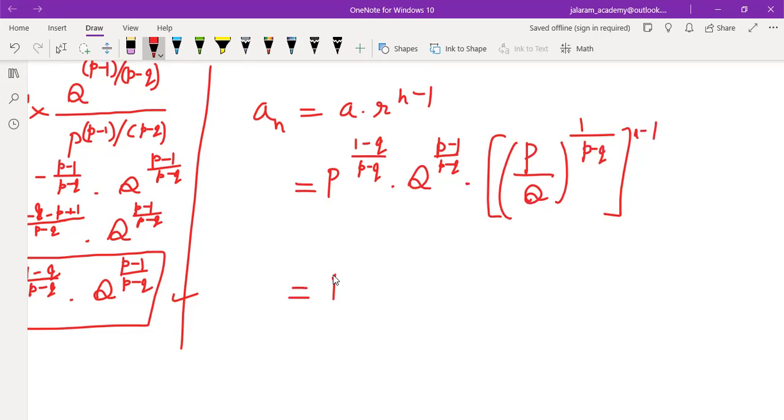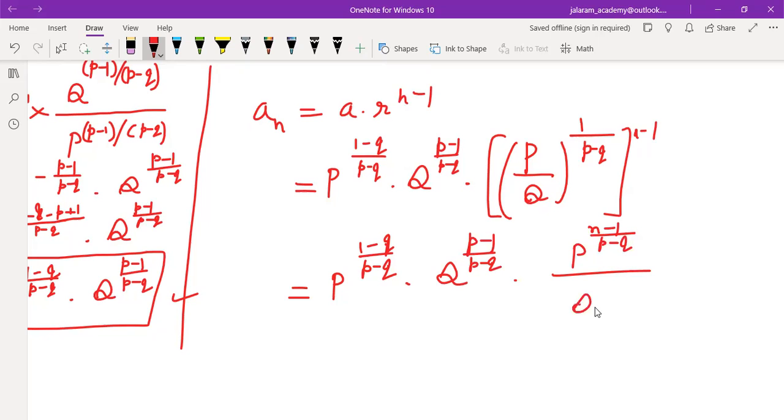So it is equal to P to the power 1 minus q over p minus q into Q to the power p minus 1 upon p minus q into P to the power n minus 1 upon p minus q over Q to the power n minus 1 upon p minus q.